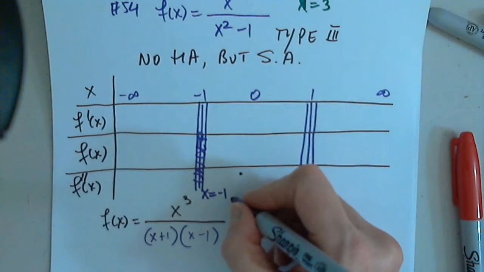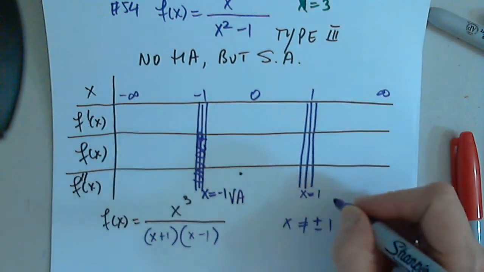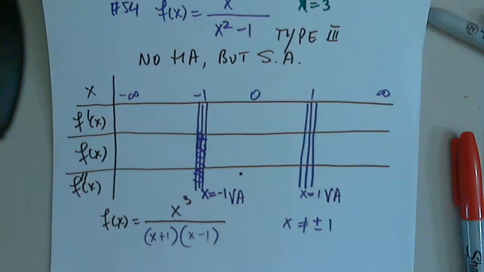It's not a hole in the graph. Very good. They could not be simplified. If they are simplified, they become a hole in the graph. But if they're not simplified, they have to stay, and they are vertical asymptotes.